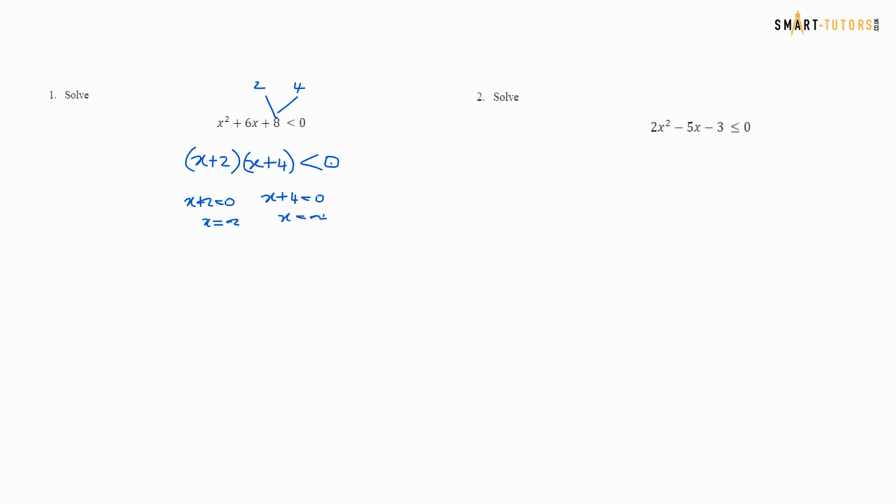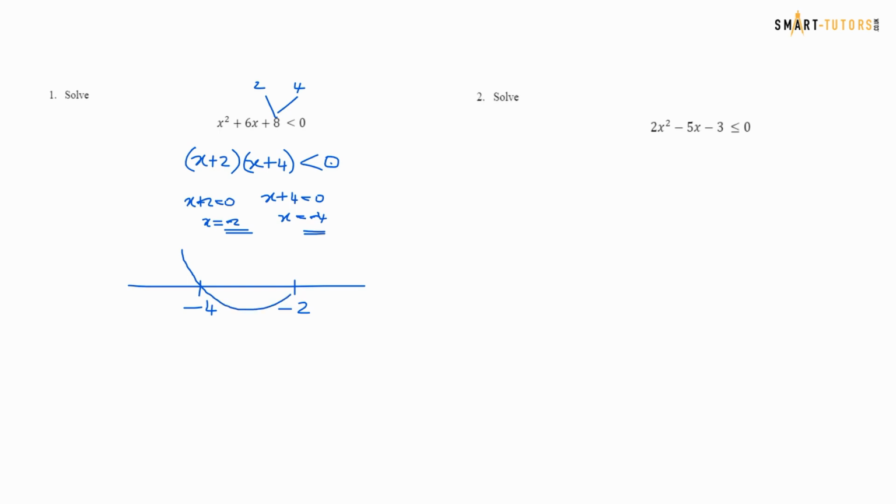So we have 2 values of x, which are minus 2 and minus 4, and you need to draw both of them in a sketch. So minus 4 comes here, minus 2 comes here. Actually, this graph is a quadratic graph. We already studied quadratic graphs in tutorial number 10.